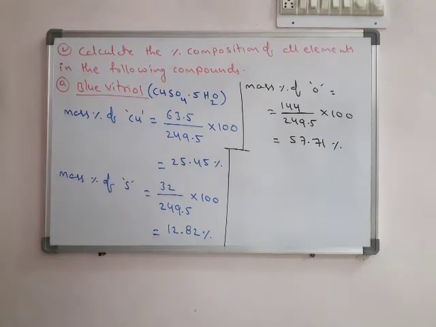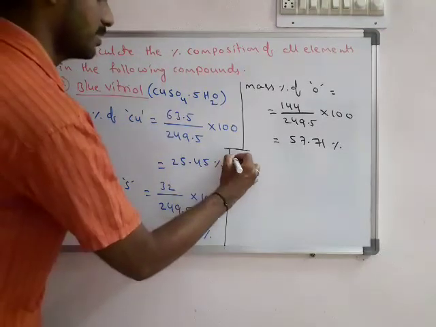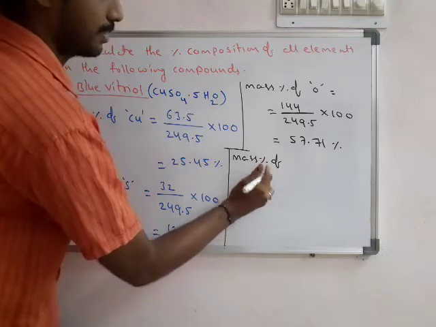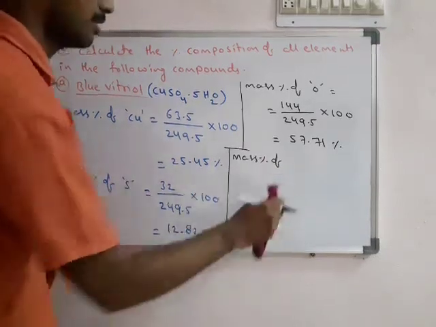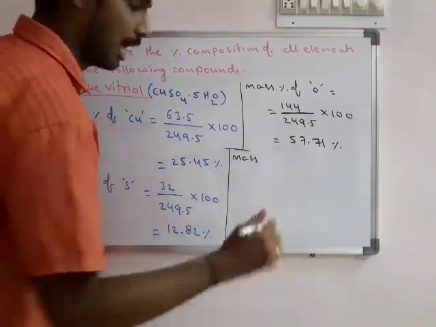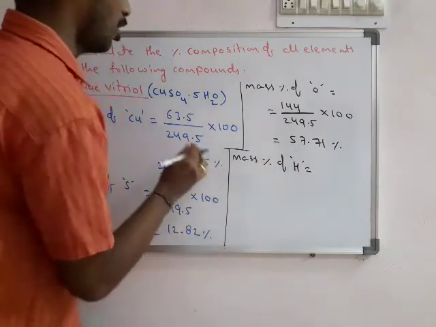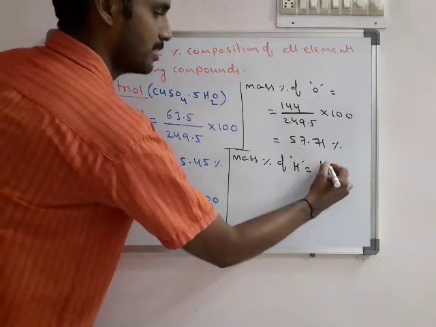Next, the remaining one. Which element remains? Hydrogen. Mass percentage of hydrogen equals, how many hydrogens are there? 10 hydrogens means 10 grams.